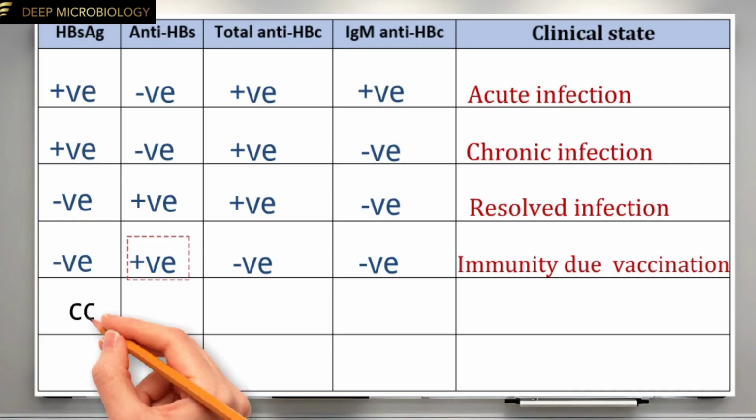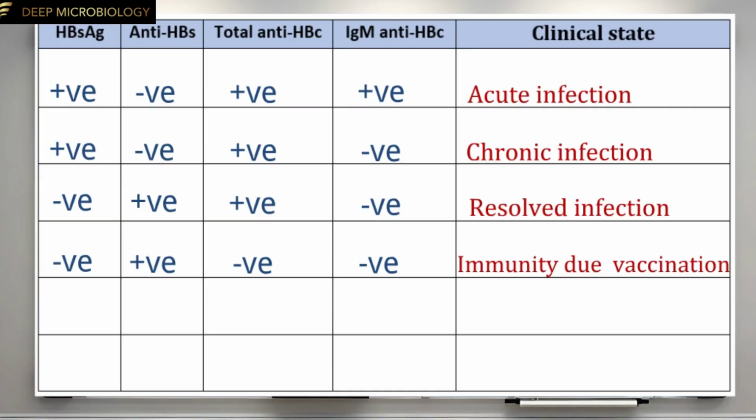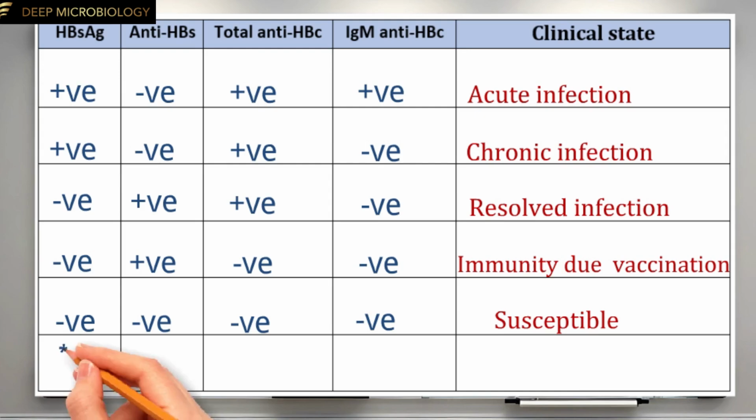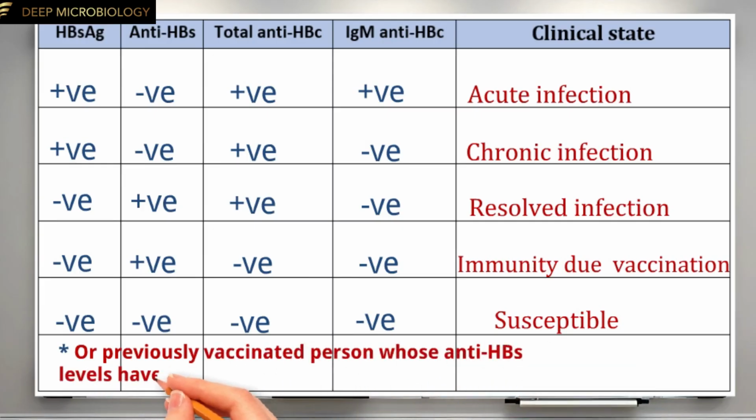A protective level is generally considered to be greater than or equal to 10 milli-international units per ml, but this can decline over time, sometimes requiring a booster dose. Negative HBsAg, negative anti-HBs, negative total anti-HBc, and negative IgM anti-HBc indicate a susceptible individual who has never been infected or vaccinated, or a previously vaccinated person whose anti-HBs levels have declined over time.